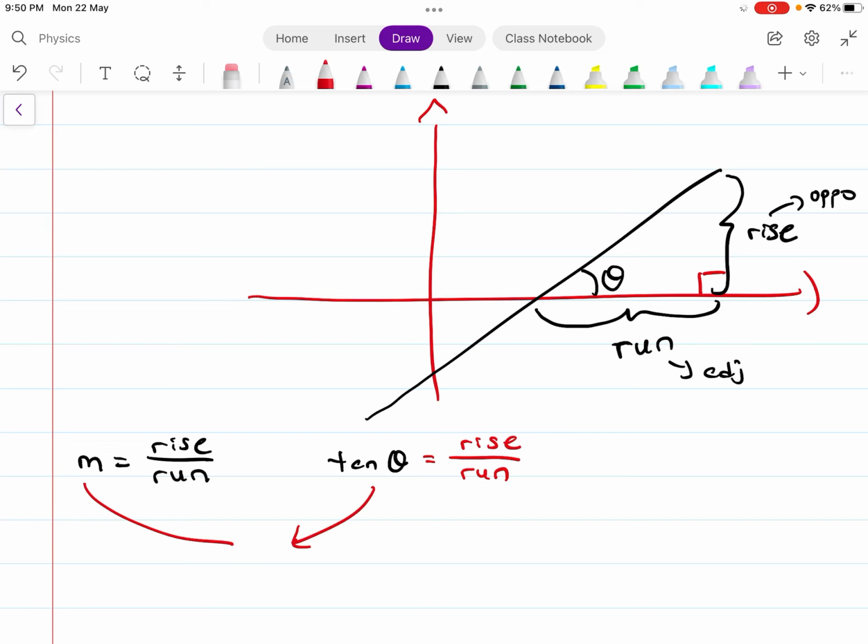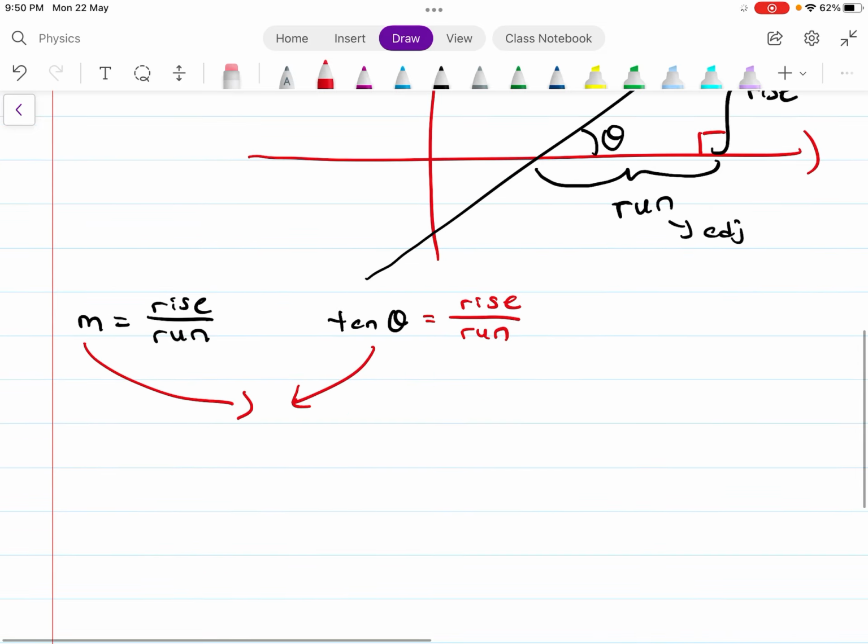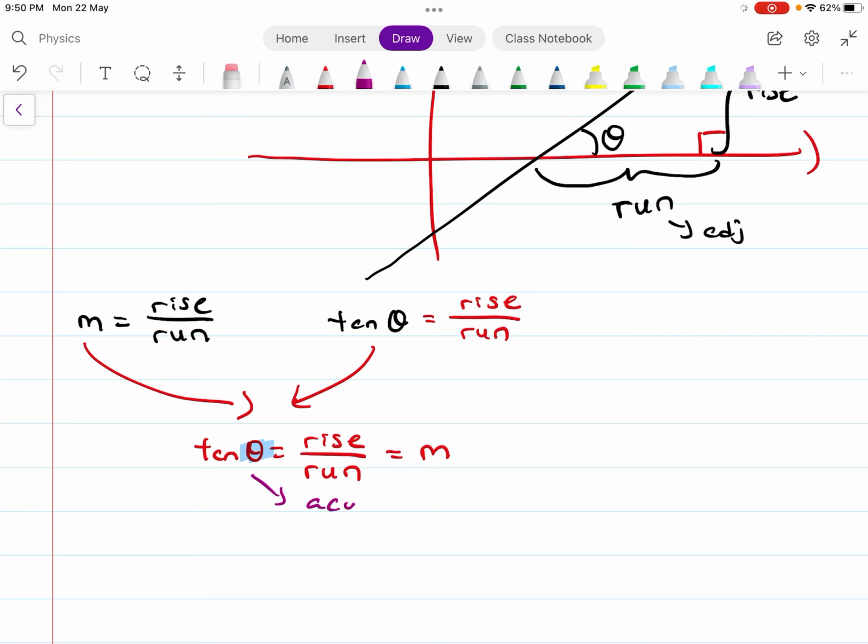So you will get tangent theta equal to rise over run, which is equal to the gradient. Alright, so tangent theta is positive only when the angle theta, this theta, right, is acute. Acute means less than 90 degrees.